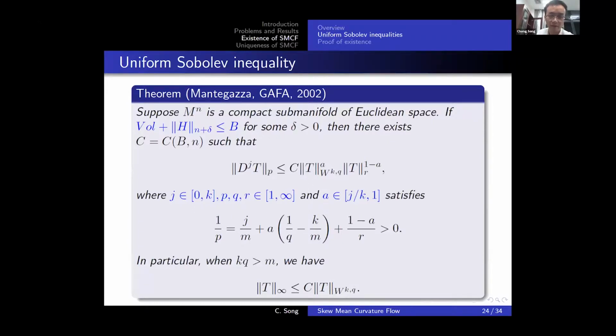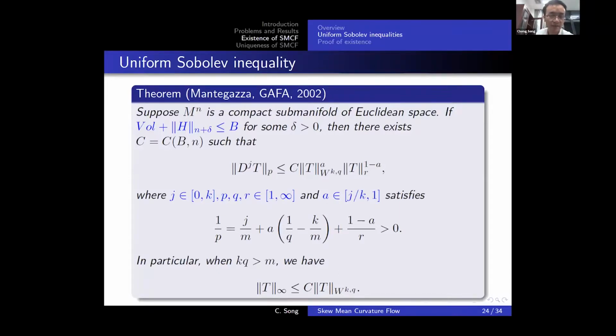So if you want to use the energy method, you will need to use the Sobolev inequality. But the Sobolev constant depends on the underlying metric. So that's a problem. But fortunately, we have this kind of uniform Sobolev inequality, where the constant is independent of the metric.